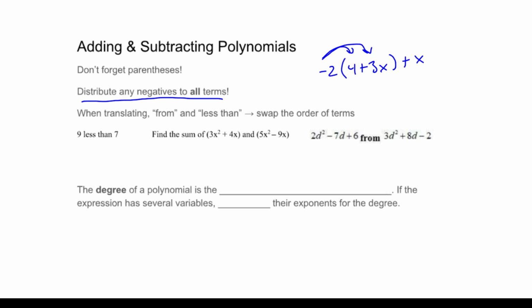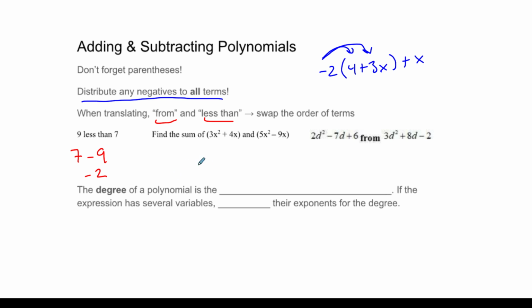All right, something else that you've probably talked about in like 8th grade or whatnot is when you're translating from words to numerical expressions, the "from" and "less than" can be a little confusing. They indicate subtraction, but we have to swap, right? So when I see the phrase 9 less than 7, that means I have to write it as 7 minus 9, or -2.